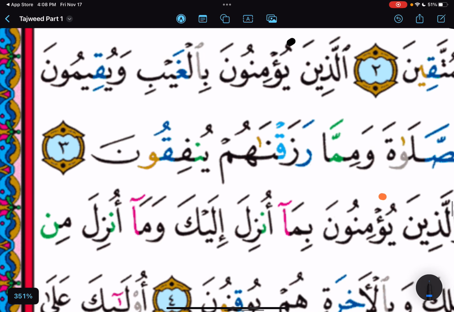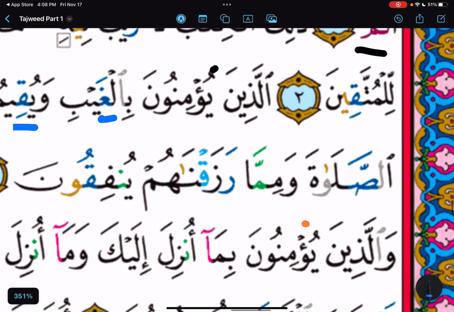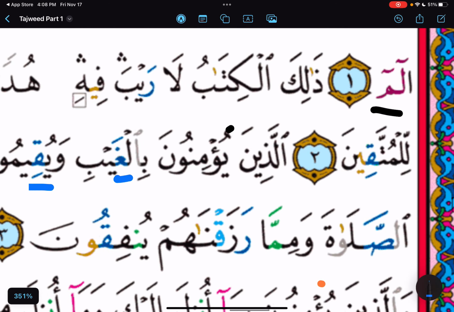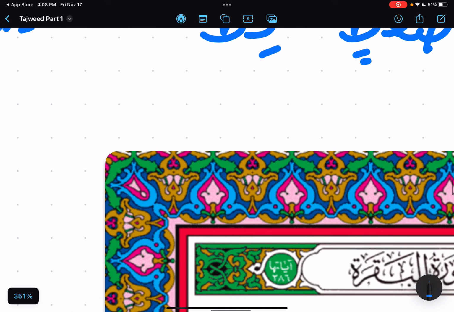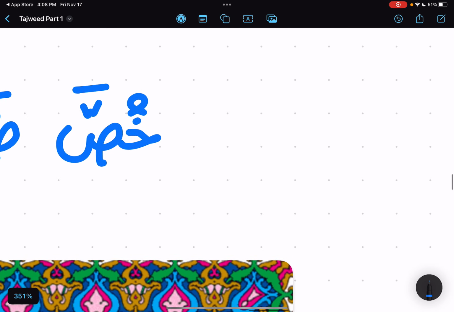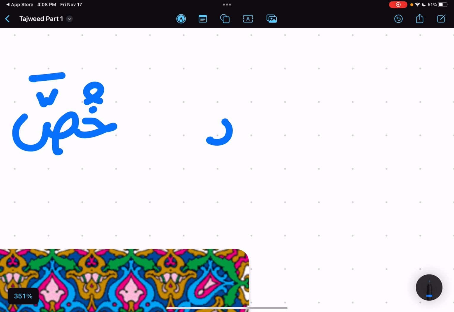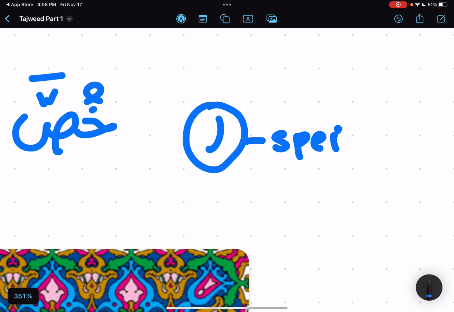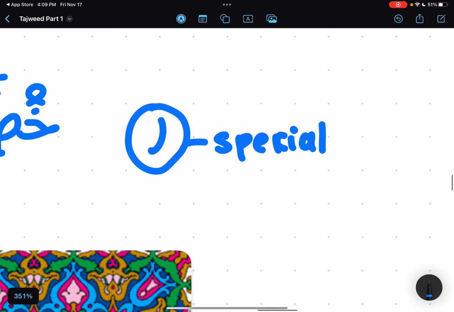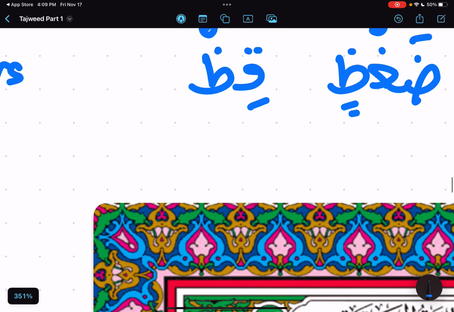So you see over here we have one in بالغيب, another one here in ويقيمون الصلاة. So these are the heavy letters, and then also ra is another one of them. Even though it's not part of this here, I'll just add it. It has special cases, and we'll get to those in another video.